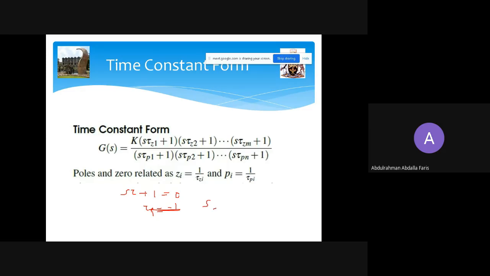S is actually equal to minus 1 over tau p1 for this case here. So we equate this to 0 to get the pole of that system. So you can see, once you arrange in this form, the poles are actually the reciprocal of the time constant.